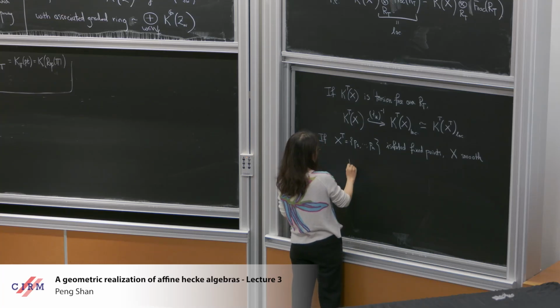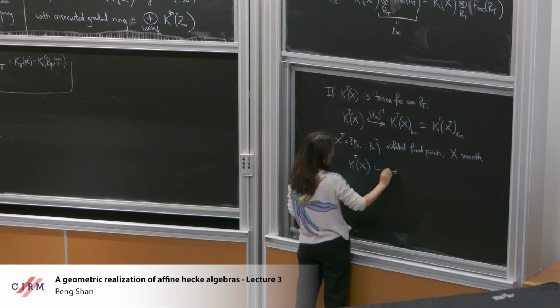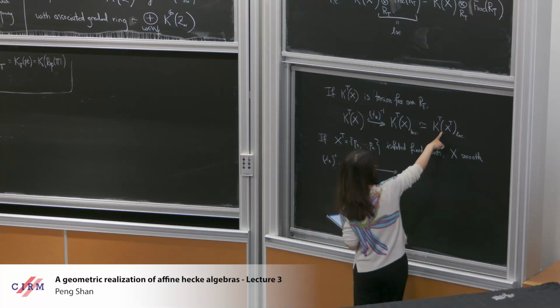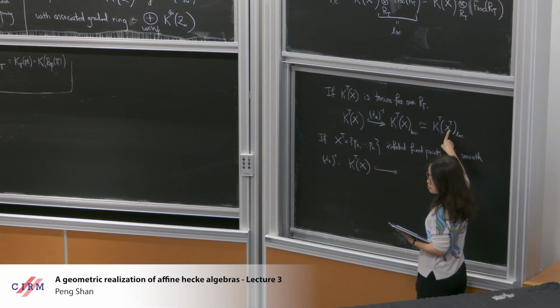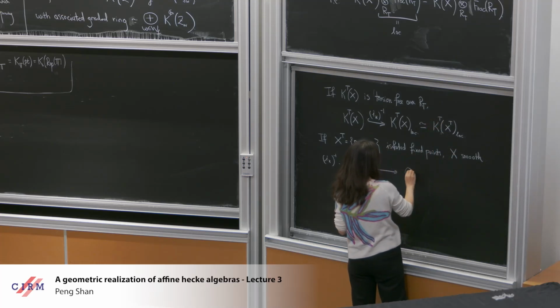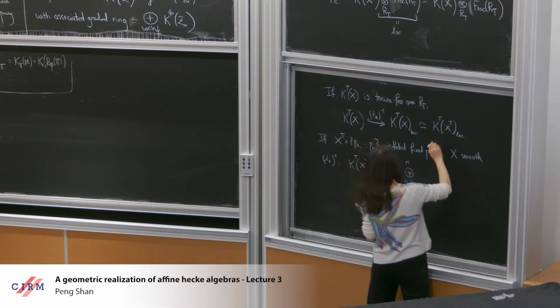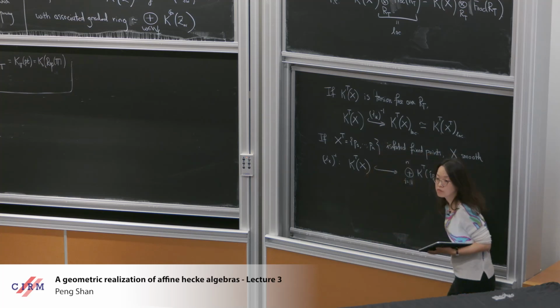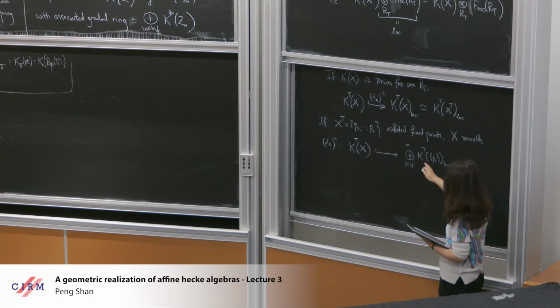The map is from K_T of X, giving you an embedding into this guy, but X^T is just a bunch of points. So this is a direct sum over i equals 1 to n of K_T of this point Pi, localized. This is just a copy of the fraction field of T.